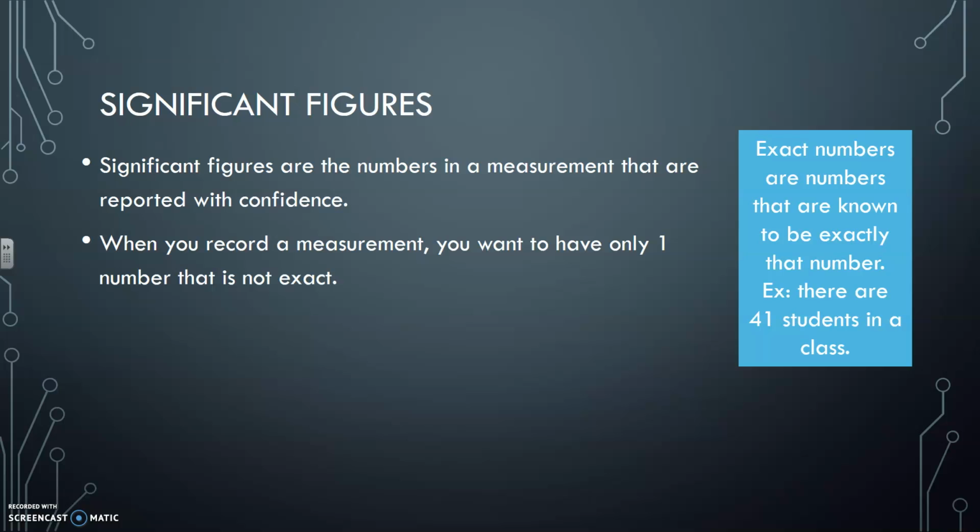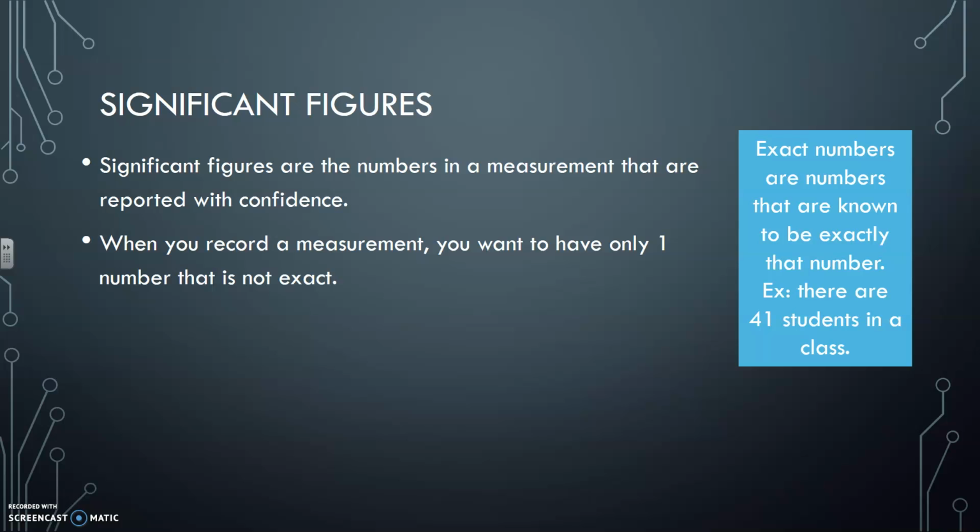So you can have things that are called exact numbers. Exact numbers don't really factor into the significant figures thing. They are known to be exactly that number. So this is basically like counting numbers. If you were to count the number of students in the class, that would be 1.